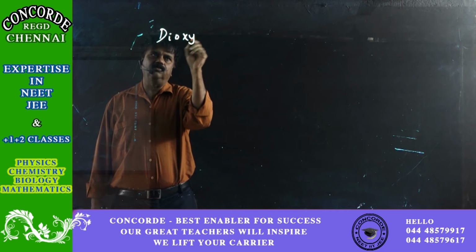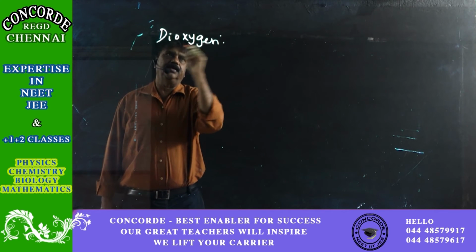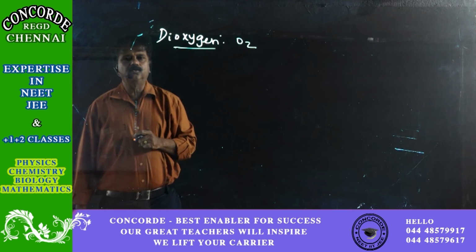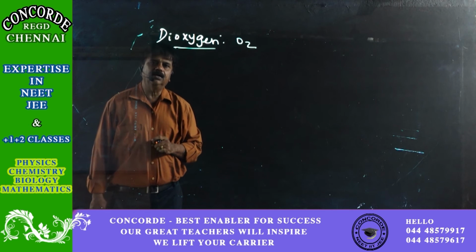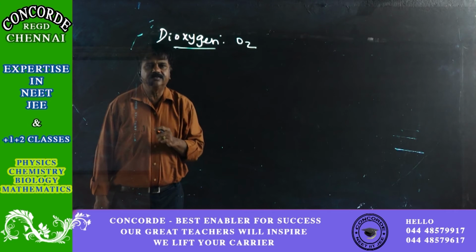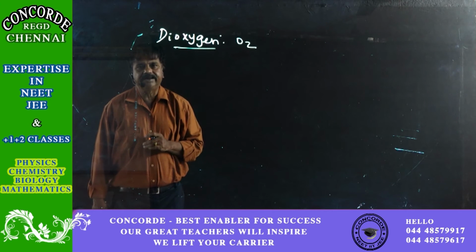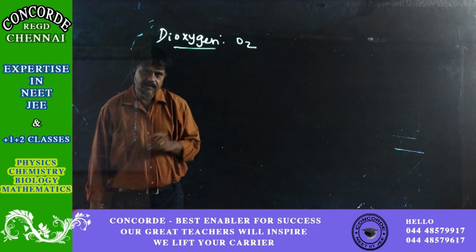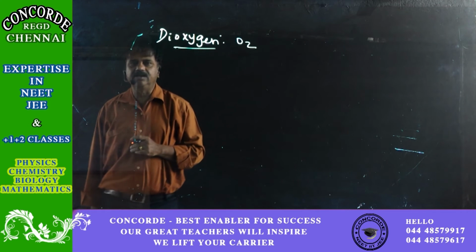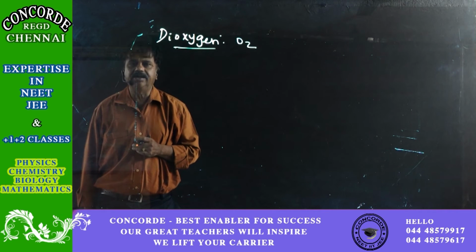So now let us see the first element of the 16th group, namely dioxygen. Dioxygen is nothing but O2. It is a vital element in our day-to-day life because it provides life support, as oxygen is very important for the respiration of all living things, including plants and animals.